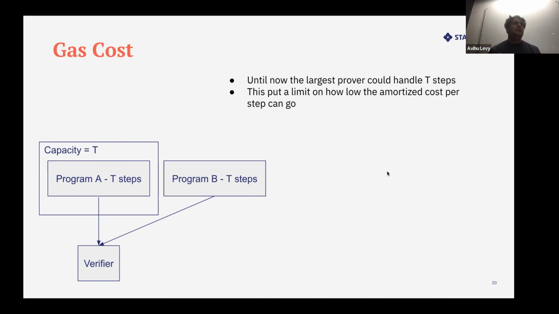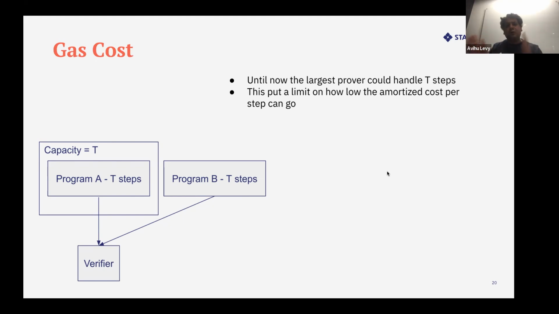Then if every step is a transaction, the maximum that we could prove is T transactions. So if the verification costs millions of gas, and remember that the verification cost grows very, very slowly, then the amortized cost per transaction is bounded by some number.